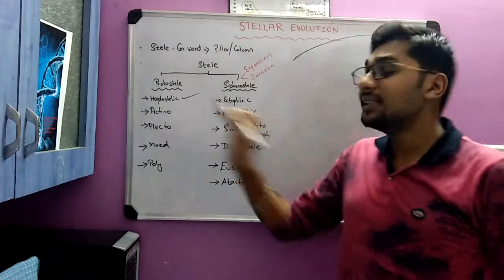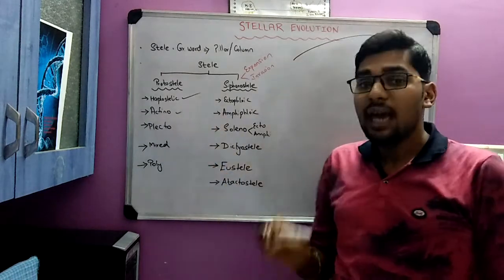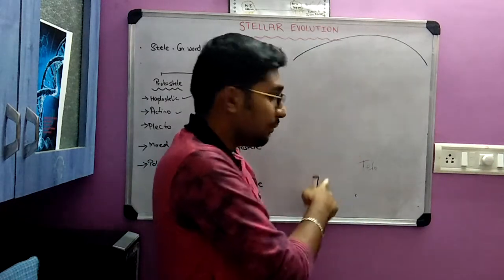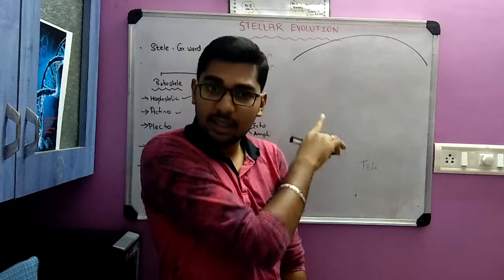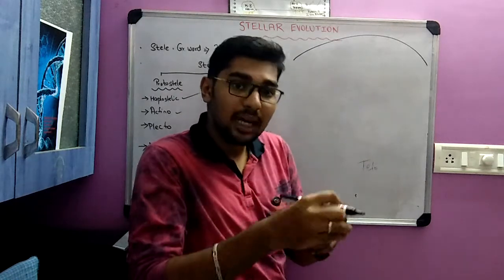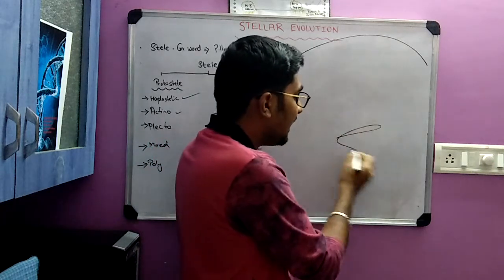So the second point is actinostele. The second type under protostele is actinostele. Here, the xylem rays, as I drew over here, are called xylem rays. The xylem strands get broken down or branched, and they appear like radiating arms.